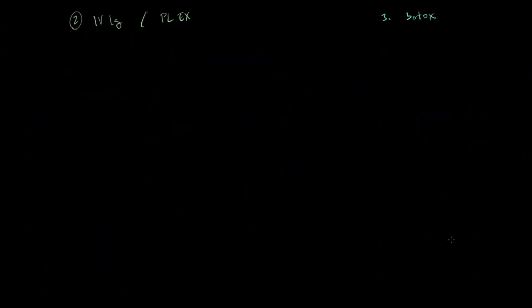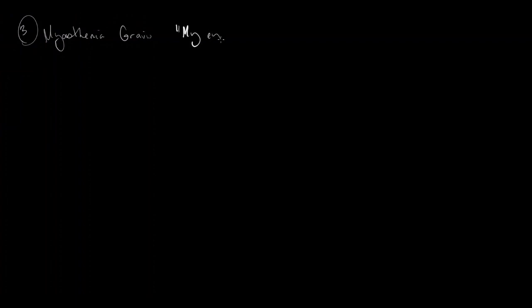Let's move on to our next pathology, which is myasthenia gravis. This is also something I remember my medical school mnemonic for, and that is this. My eyes. Remember, my eyes.